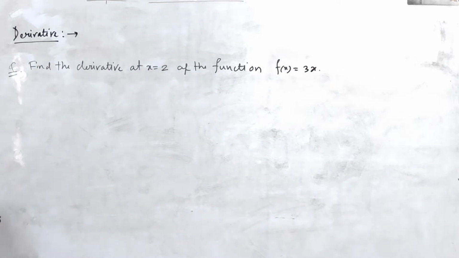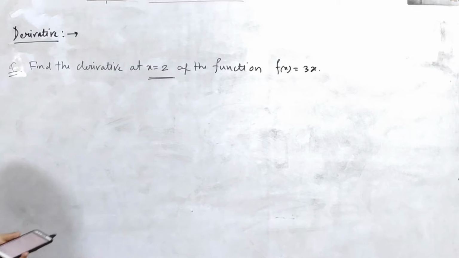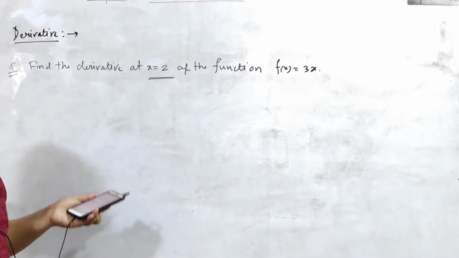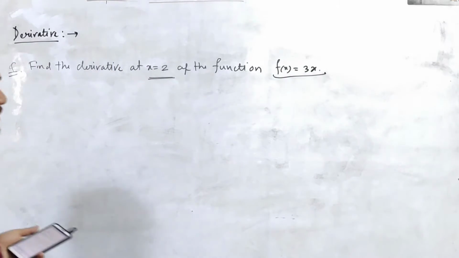Whenever you are finding a derivative of any function, first you need to be careful about what the point is. Here x equal to 2 is the point at which we need to find out the value of the derivative, and the function will also be very important for us.